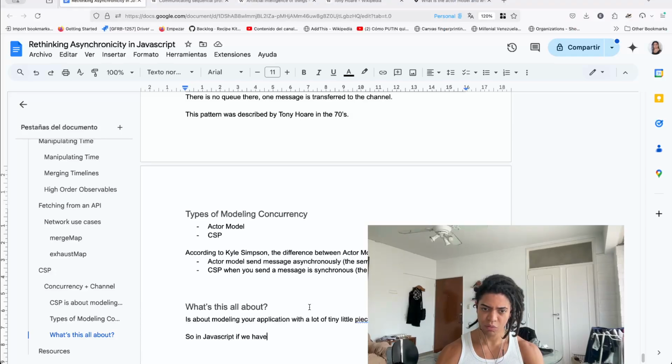So in JavaScript, we can have each independent piece running in their own thread.